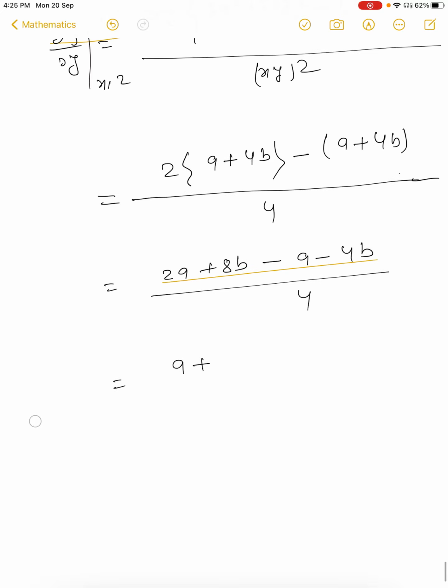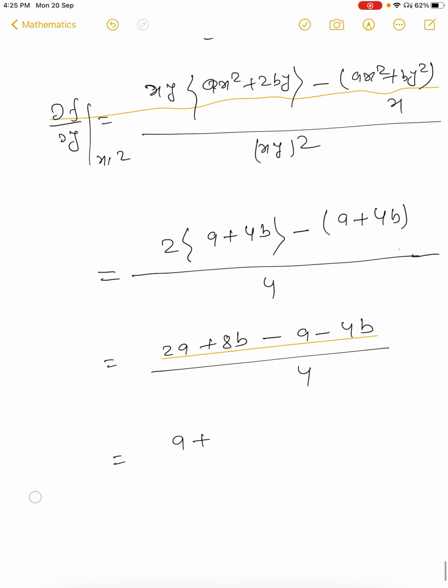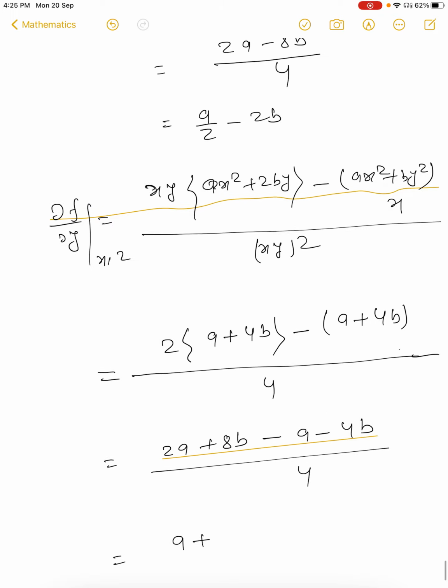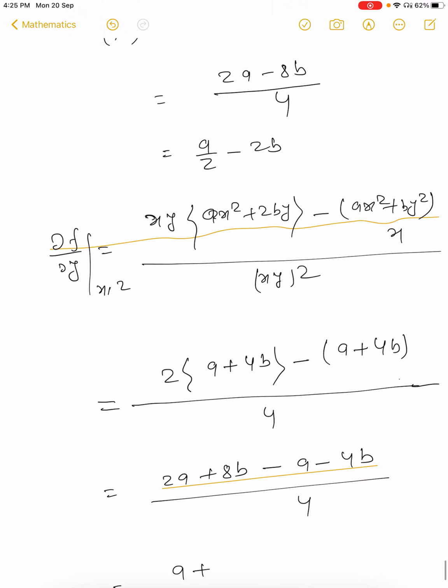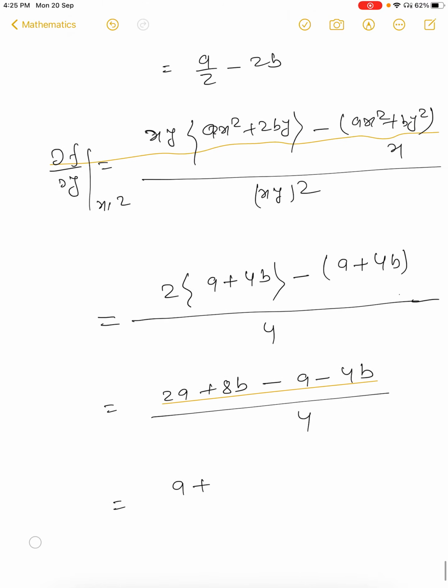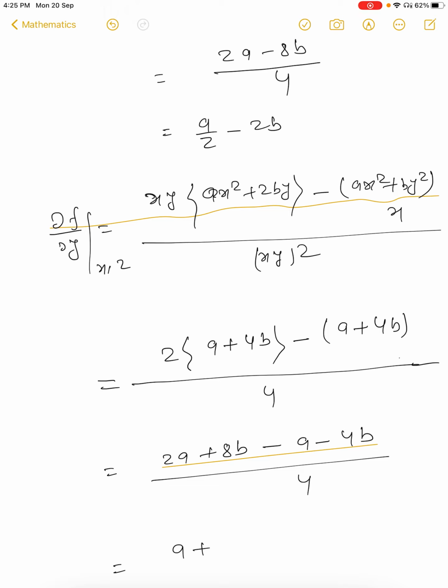I did some mistake here. Here the x term will be zero, na.